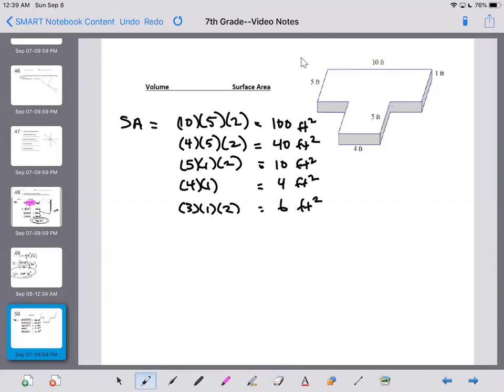So we've got the top, the back side of it. We've got this one, which is the 1 by 4. We've got this one, which is a 5 by 1, and there's 2 of them. We've got these were 3 by 1s, and we had 2 of those. And then we've got the back side over here. So that's also a 5 by 1. And we've got 2 of those because we'd have to look at this side as well. So that would be 10 square feet.